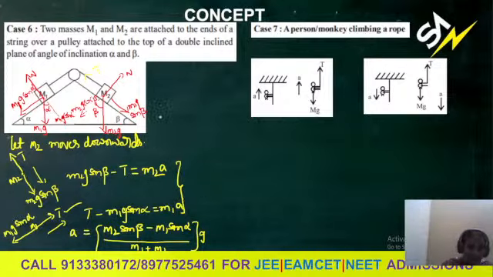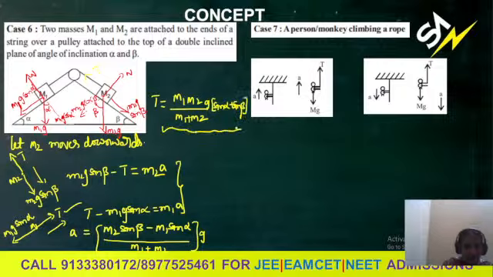And in the same situation, what is the tension they can ask? For tension, substitute the a value in any of these two equations of the free body diagram. So it gives you m1 m2 by (m1 plus m2) into g into (sin alpha plus sin beta). This will be the tension in this situation, which acts along the string.